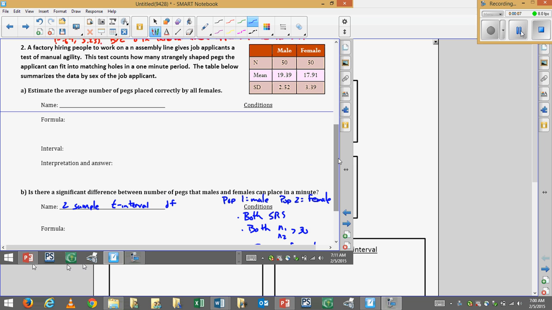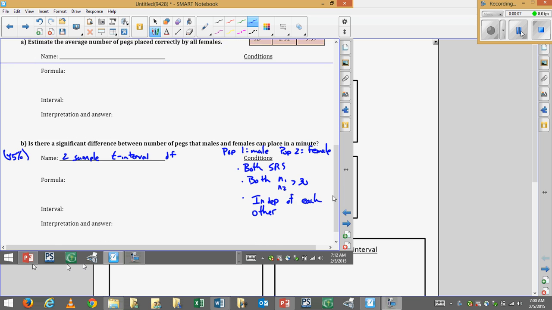So x bar 1, 19.39. The first standard deviation is 2.52. First sample size is 50. We have 17.91 with a standard deviation of 3.39, 50. I'll stick with 95% confidence. And then we're not going to pool, never going to pool.